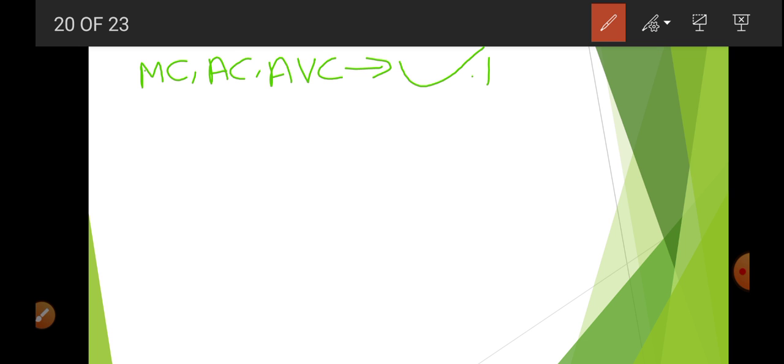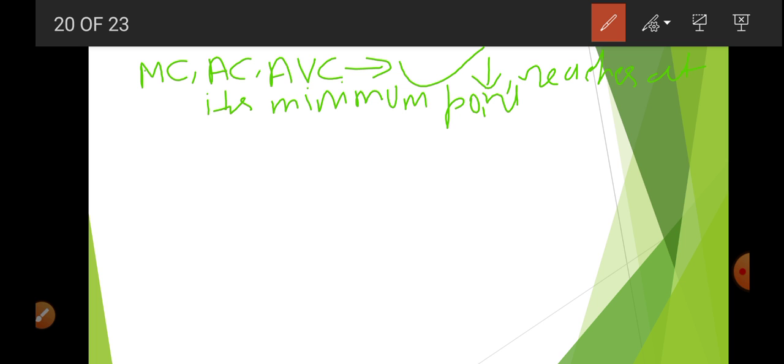That is, they decrease first, then reach their minimum point, and then start to increase. So three things you have to keep in mind.